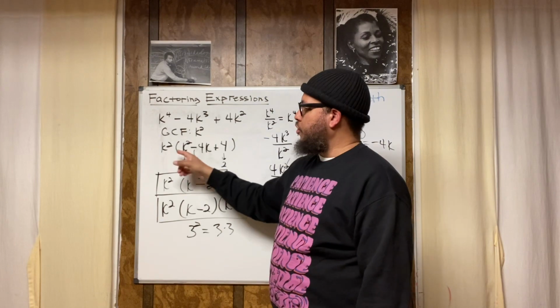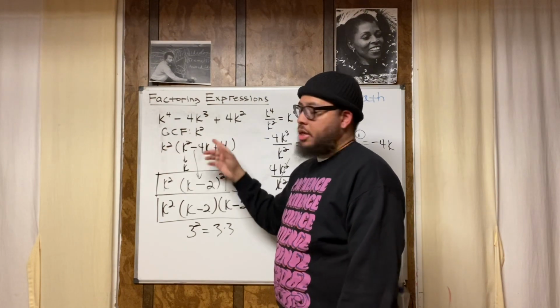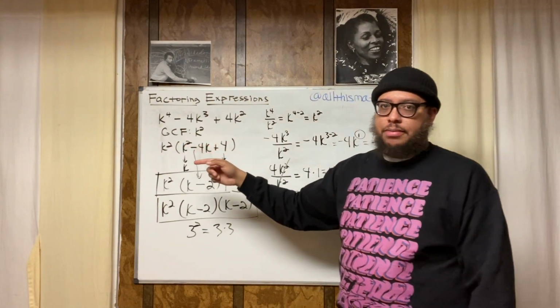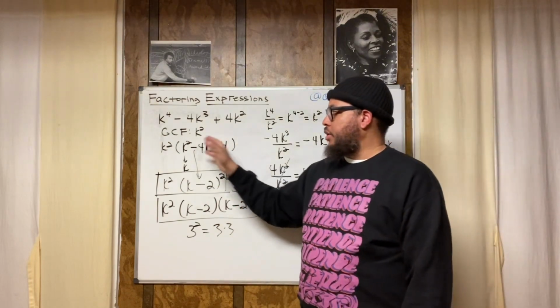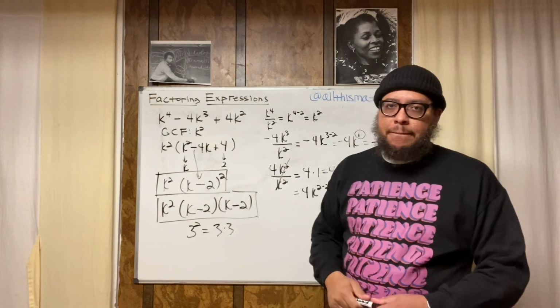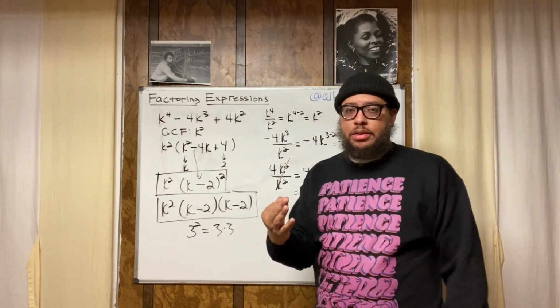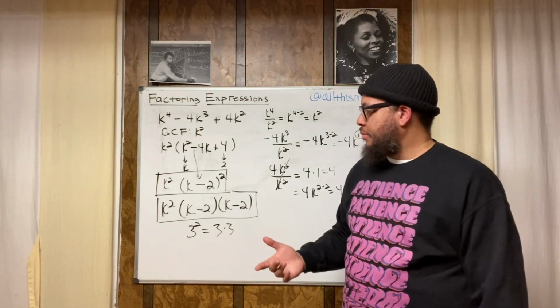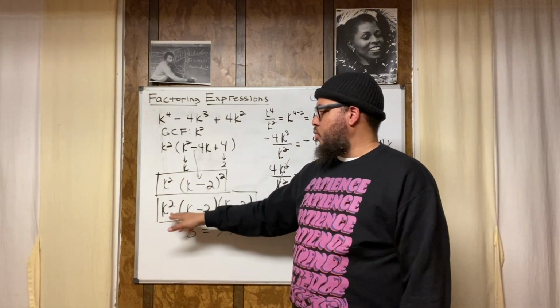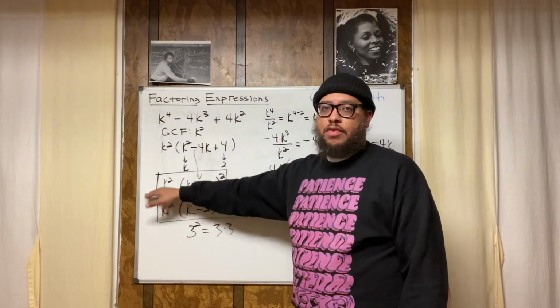If you had only factored out the GCF and left it like this, it would be wrong, because with factoring, it's all or nothing. If it's not factored completely, then it's not factored. Sometimes you got to do 3 types of factoring, or factor in 3 steps. That happens. I've seen it. So either of these is the final answer.